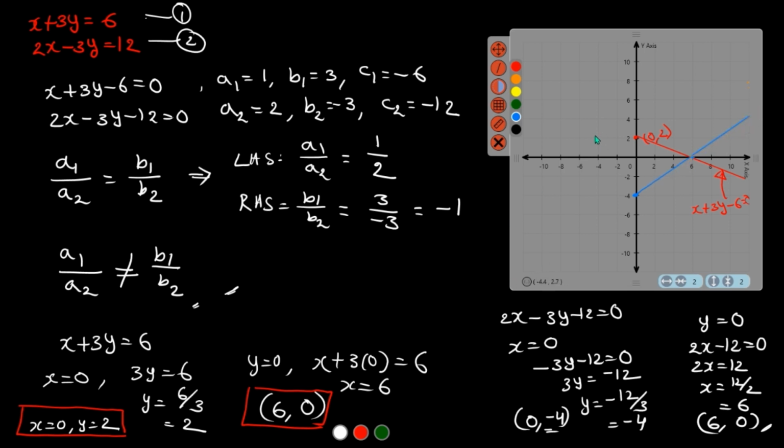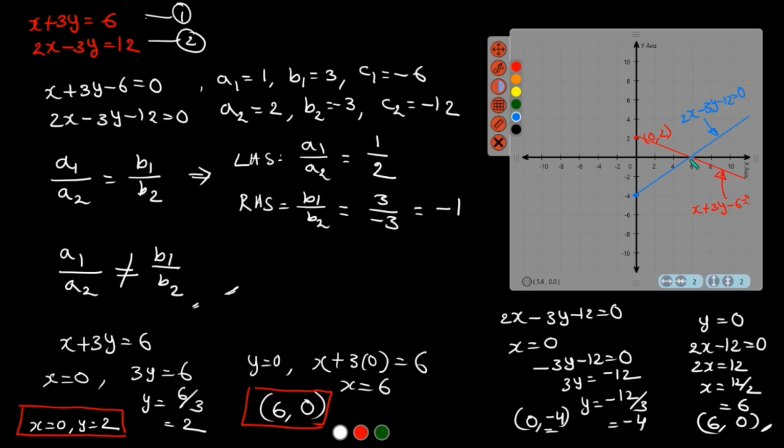Okay, this is another line. So what is the equation of this line? This line equation is 2x minus 3y minus 12 is equal to 0. So though individually this equation has so many solutions along with this line, and similarly this equation has so many solutions along with this line, both lines are coinciding at one point.